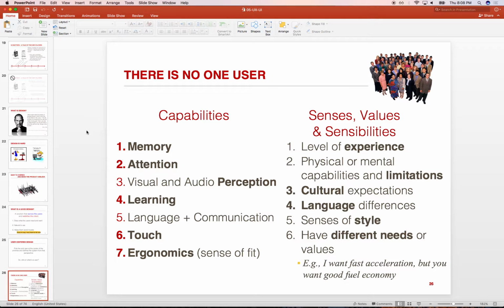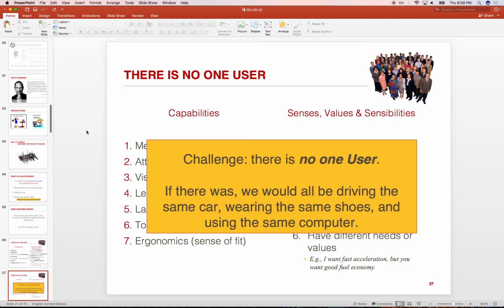Are they willing to learn on their own and just throw away the manual and hack at it? What kind of memory and attention span they might have. And the challenge is that no one person represents everybody, right? We have to decide what subset of the population we are going to go with, right?